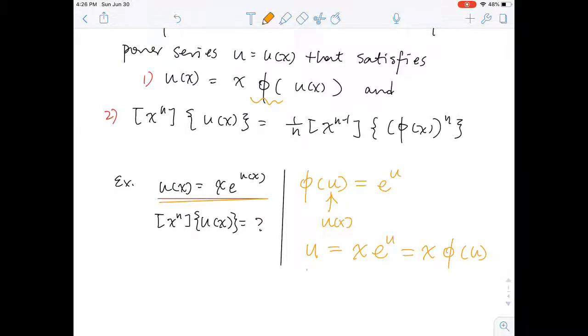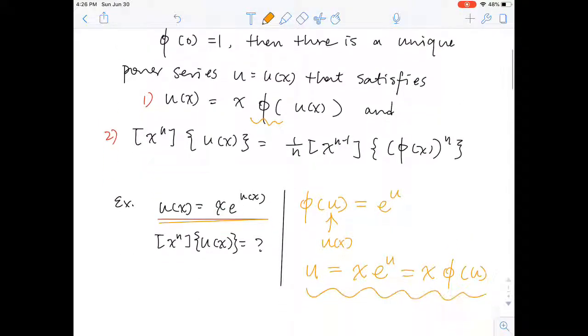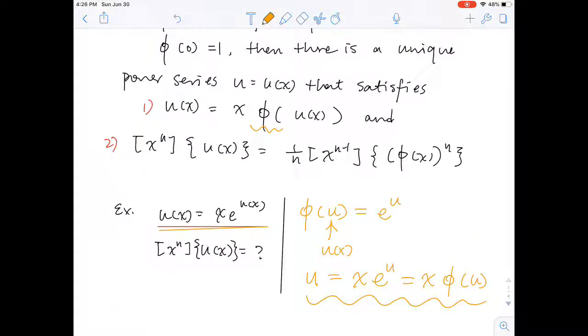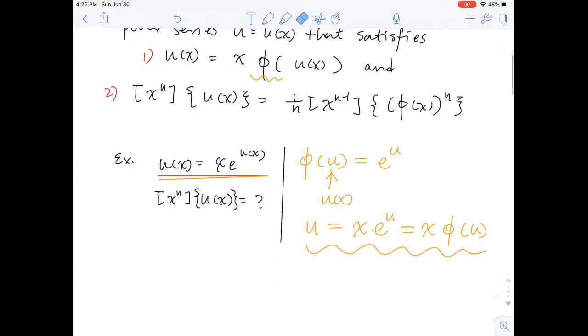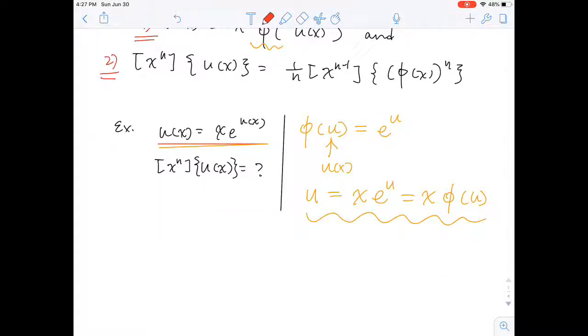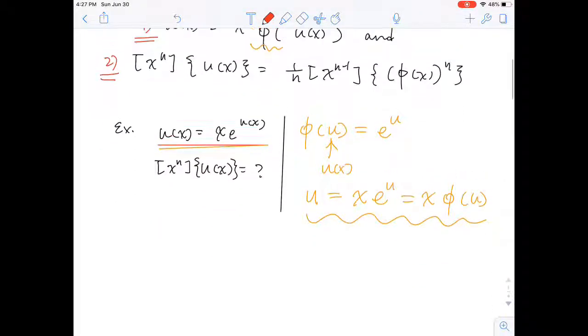And what we have here exactly satisfies the first condition in the Lagrange inversion formula. So since the first is satisfied, we can now apply the second to solve the problem, right?